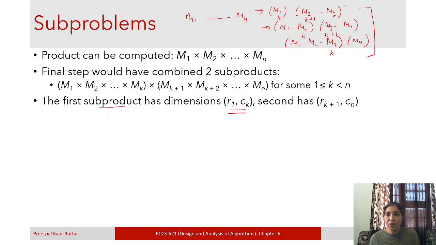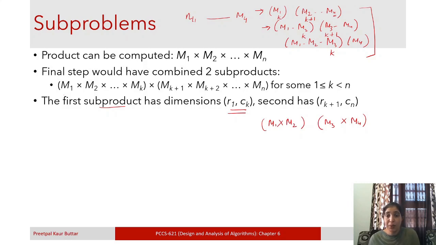Okay, so if you look here, then this m1 is the first subproduct and the second subproduct contains m2 into m3 into m4, right? Okay, so I think it will be difficult. Let me take a simpler example. Let us look at the second bracketing option, m1 into m2 and then m3 into m4. Okay, so suppose you are having these two subproducts.